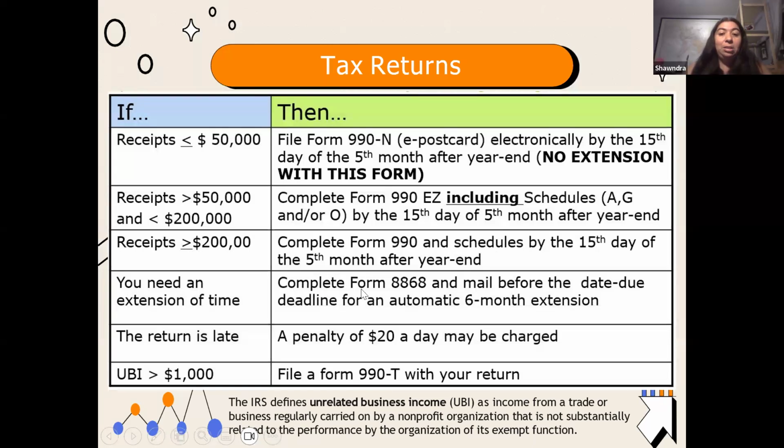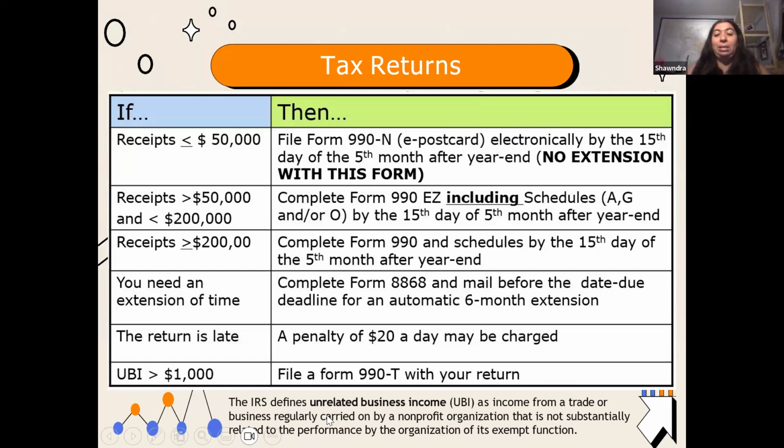If you need an extension, you need to complete Form 8868 and mail it by the due date for an automatic 6-month extension. If your return is late, there's a $20 penalty that may be charged to you. If your unrelated business income is greater than $1,000, you need to file a Form 990T with your return.